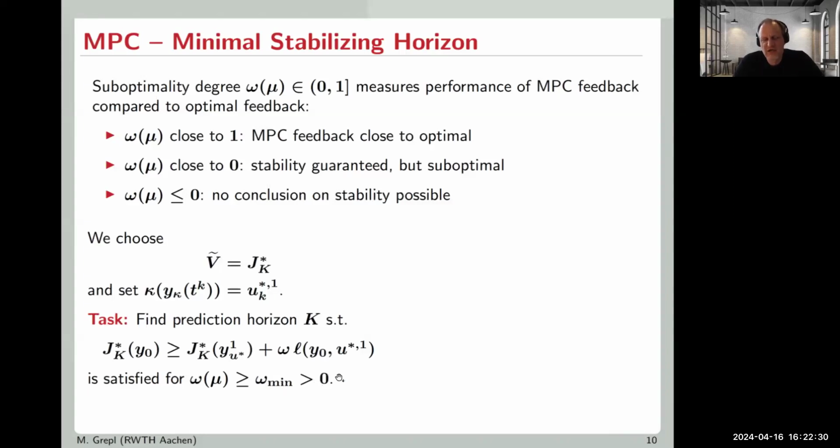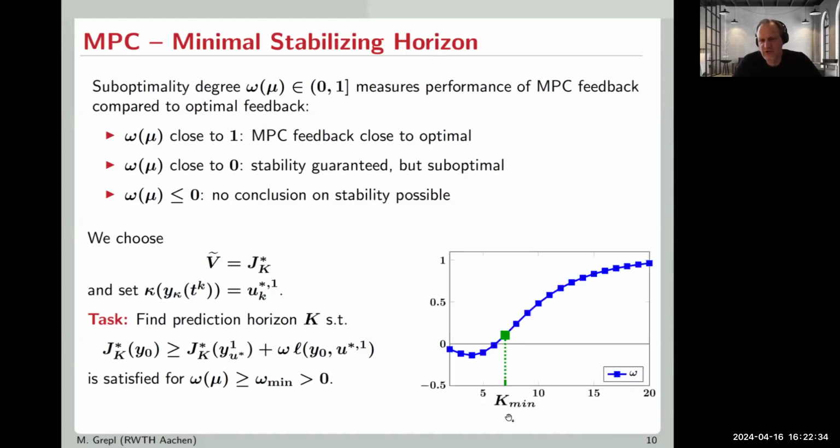If I plot the suboptimality degree over K, here's a plot of some of the results that we'll see later on. You can see here's the prediction horizon. For small prediction horizons, the suboptimality degree is less than 0. So for K smaller or equal to 6, the MPC feedback law will not be stabilizing.